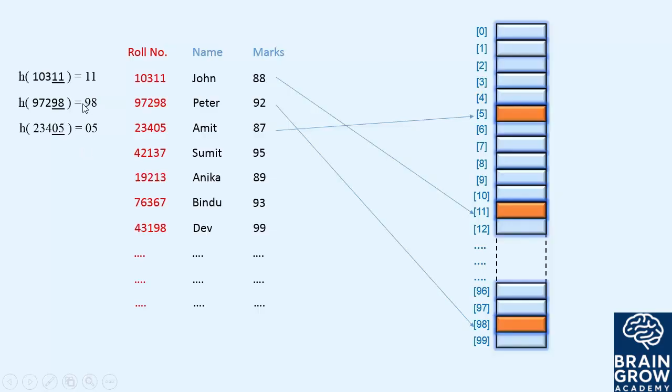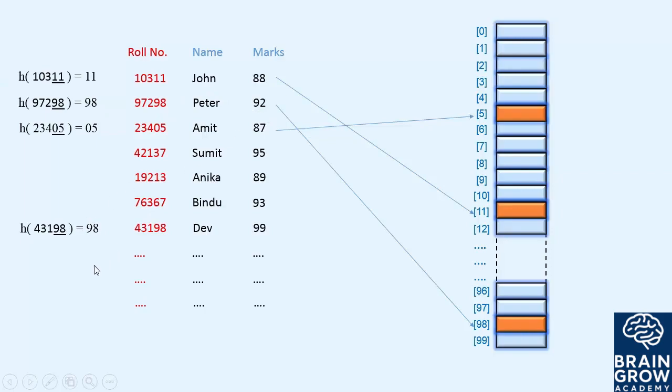In the previous lecture, we used this hash function and we stored this record at index 11, this record at index 98, this record at index 5, and so on. Now this record has to be stored at index 98, but this slot 98 is already occupied by this record.